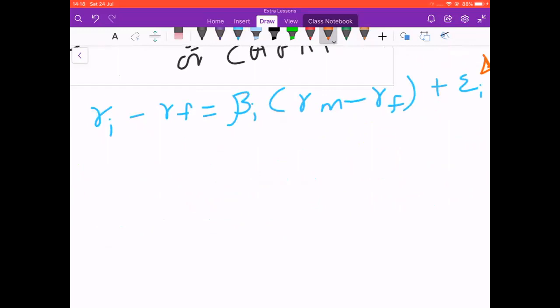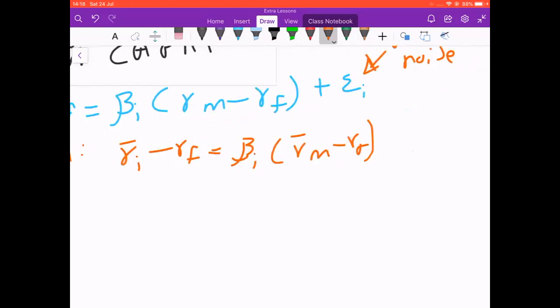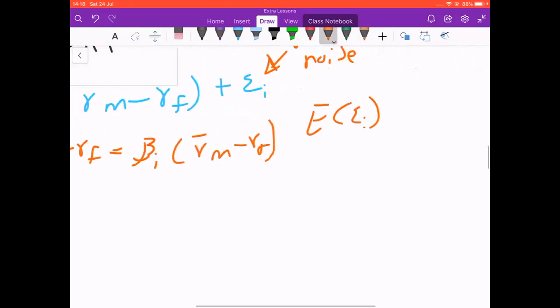So basically, we already know that when you take the expectation, it gives you CAPM. And we assume that the expectation of the error is equal to 0.